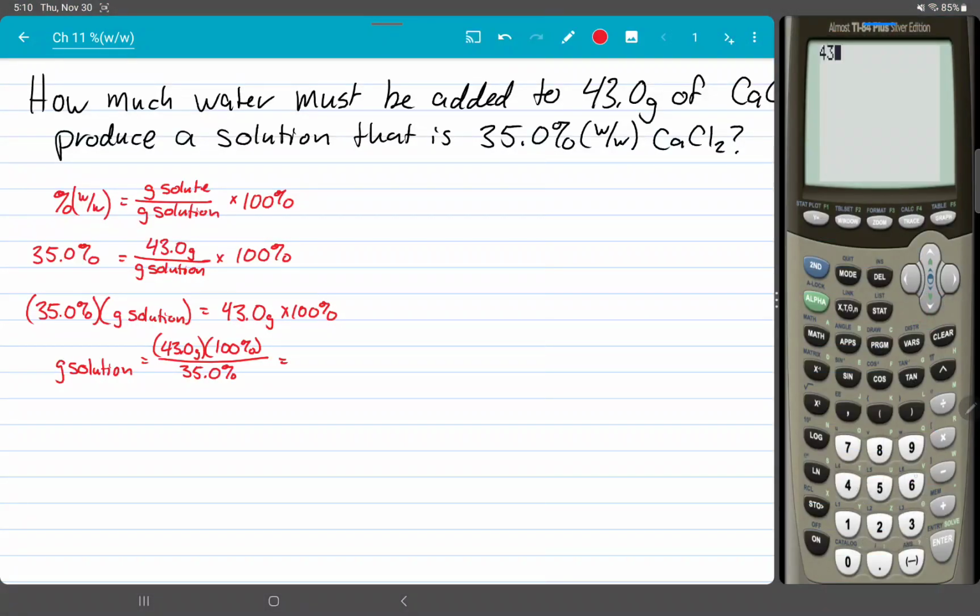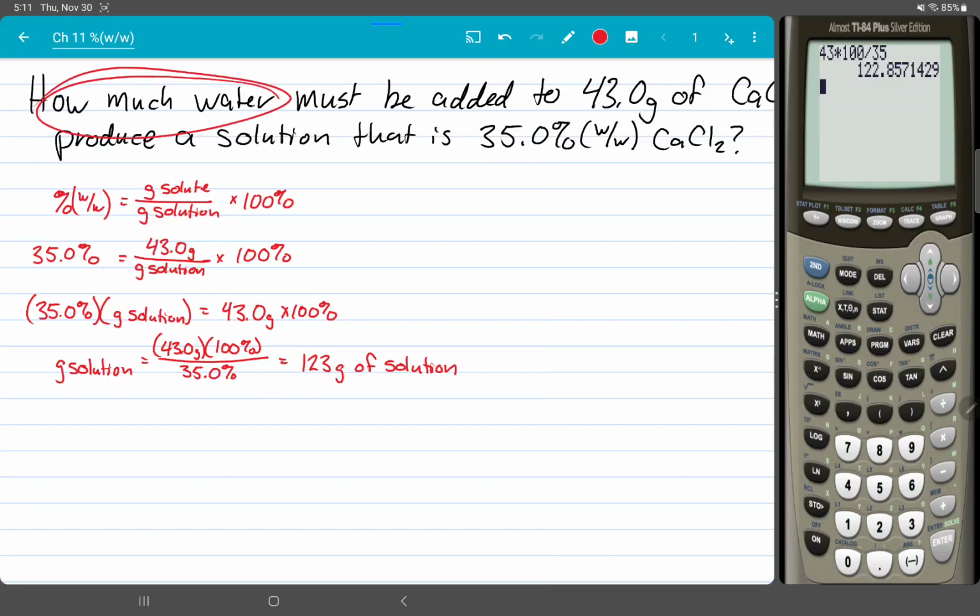I have 43 times 100 divided by 35 gives me, let's call it 123 grams of solution. Now, is that what the question's asking for?